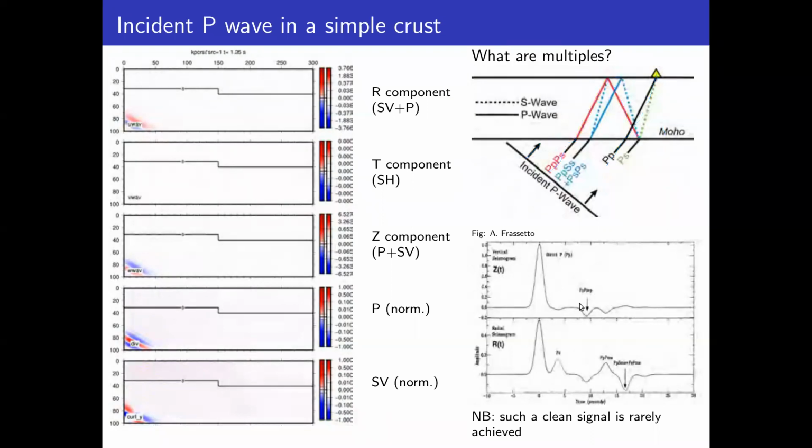And with all these multiples, you can see them also on your receiver functions. This image is not very clear, but I think this is P, S, P, P or something. All these wiggles will indicate the multiple reflections at the interfaces.